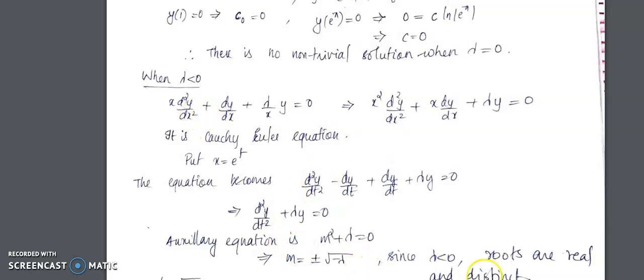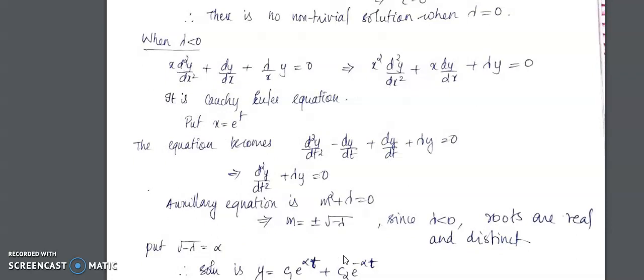Now lambda is negative, so under the square root it will be positive. Therefore the roots are going to be real and distinct. Let me take alpha equal to root of minus lambda. So we will get the solution as y equal to c1 e^(alpha t) plus c2 e^(-alpha t).